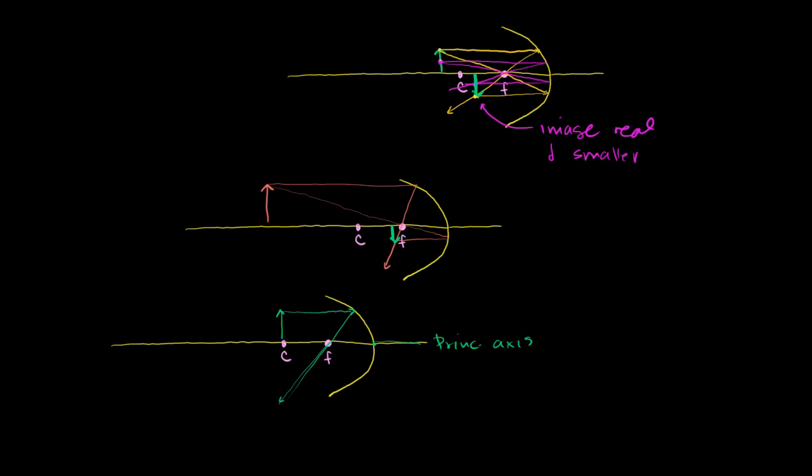And then let's take another ray, the incident ray goes through the focus, and when it reflects, it will reflect parallel. And my drawing isn't the neatest drawing on the planet. Actually, let me draw it a little bit better than that. Well, that's pretty good.